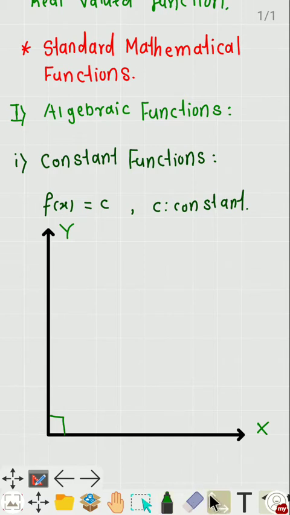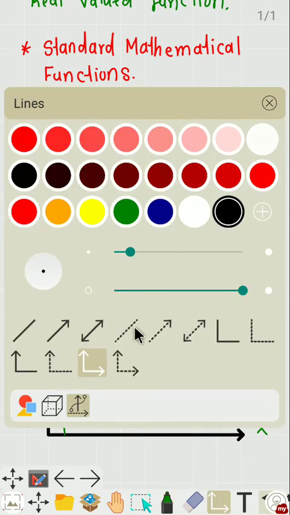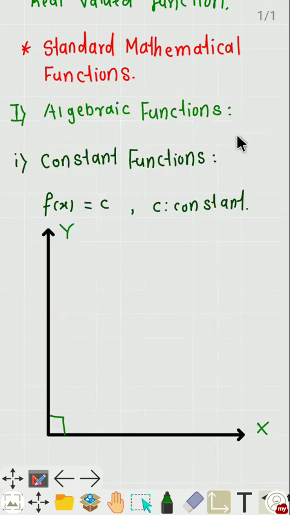Suppose here it is c on the y axis, and suppose there is an extension of the x axis on the right hand side also.